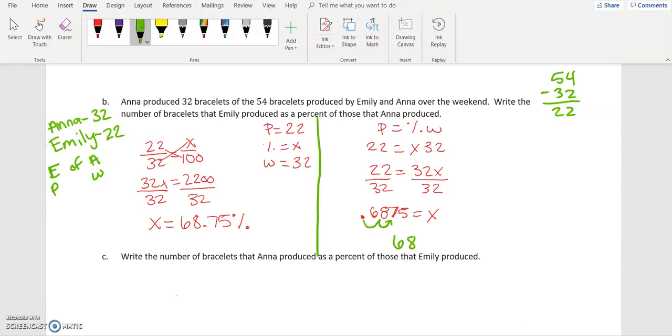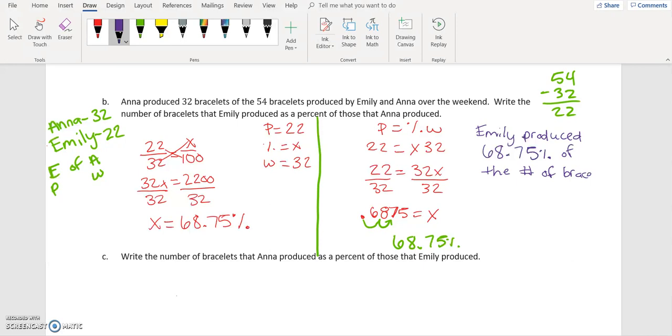So 68.75%. That is, in a complete sentence, that Emily produced 68.75% of the number of bracelets Anna produced.